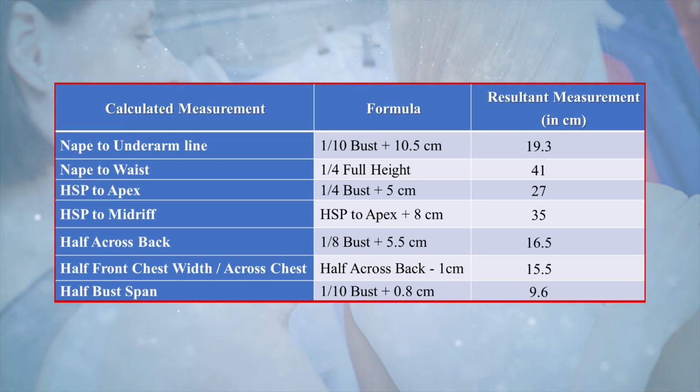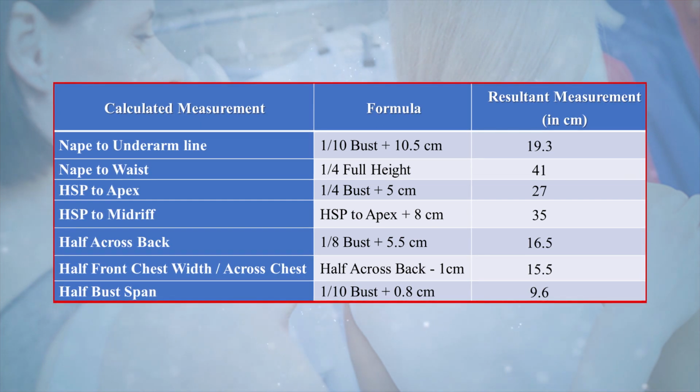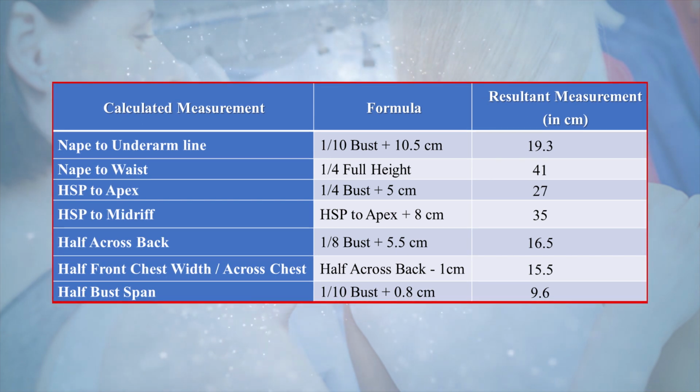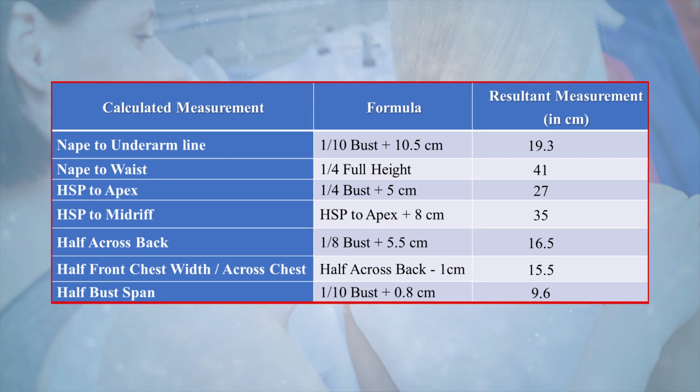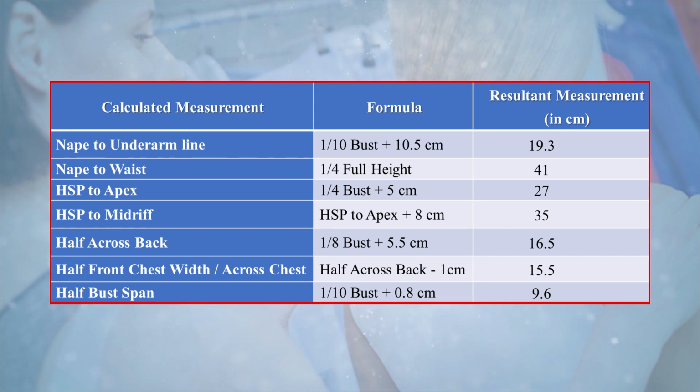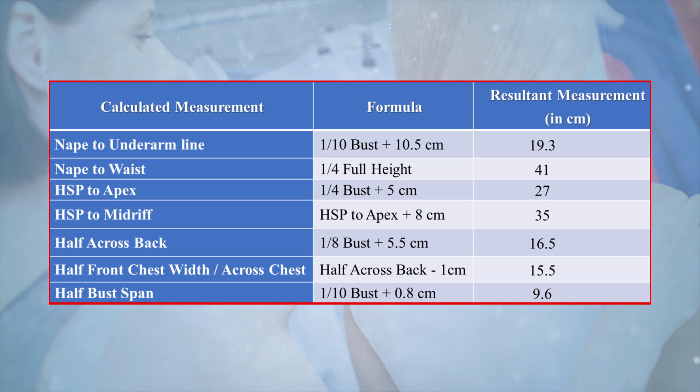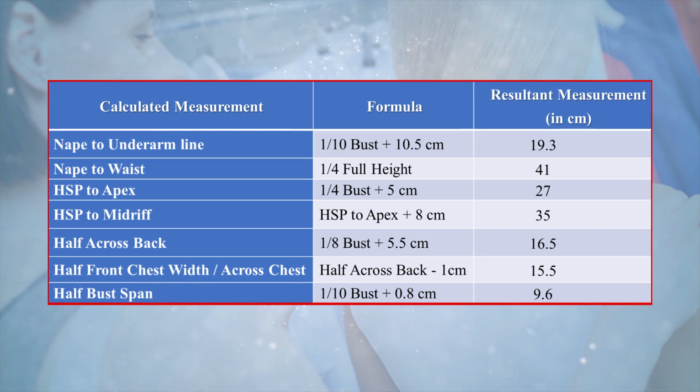In this manner, you can find this chart in the study material provided for this program. You can see and revise it yourself when you go for the final drafting or pattern making. So high shoulder point to apex is 1/4 of the bust plus 5 centimeters.